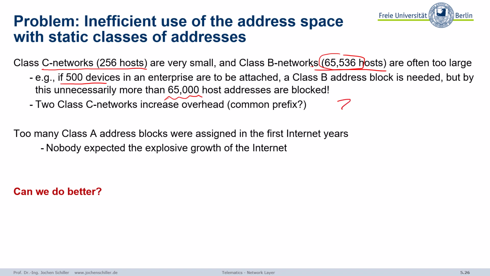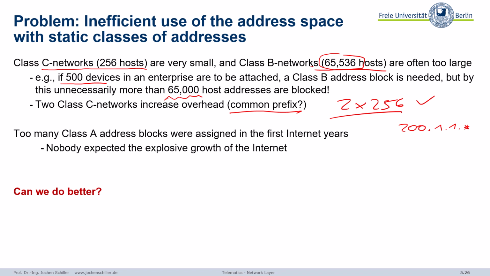Then why not have 2 times 256? Yes, that works. But who guarantees you that you have a common prefix? What does a common prefix mean? Let's assume your company has the address 200.1.1, and then you can do whatever you like.